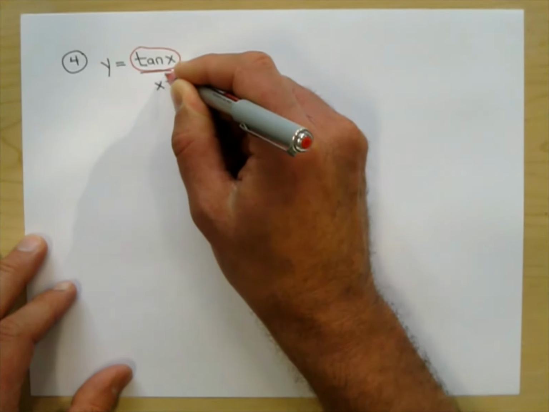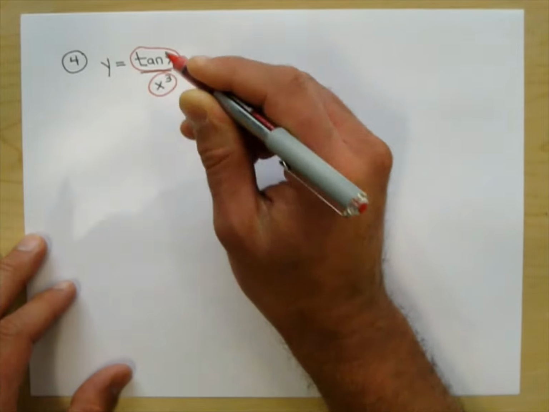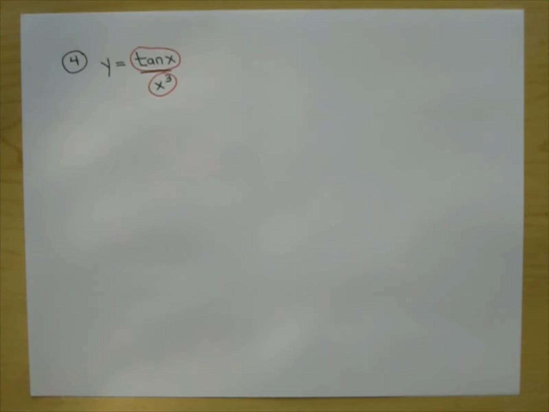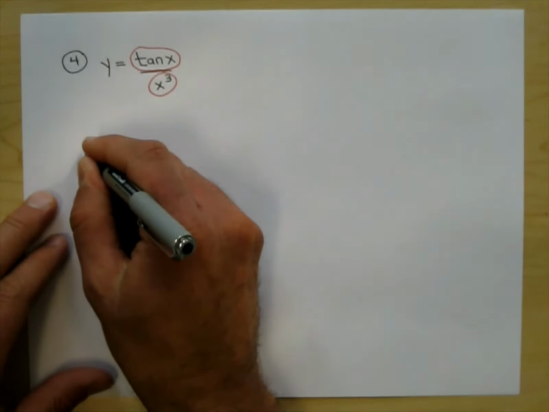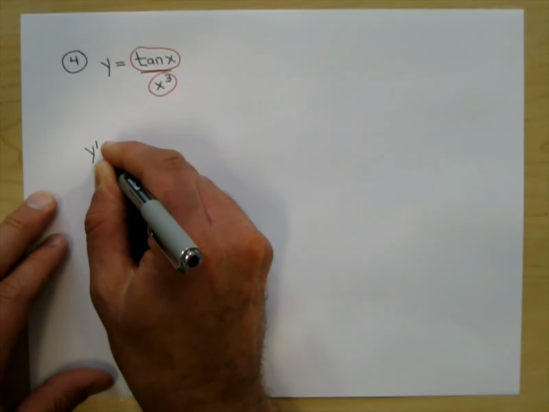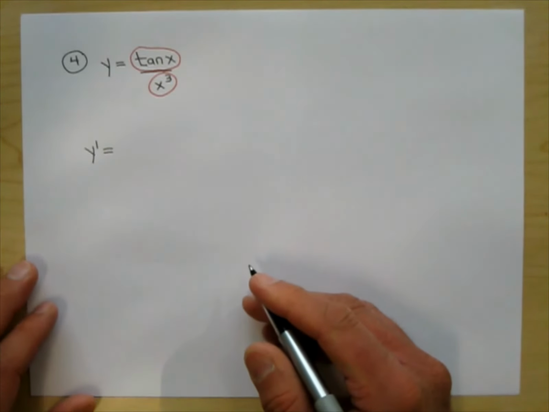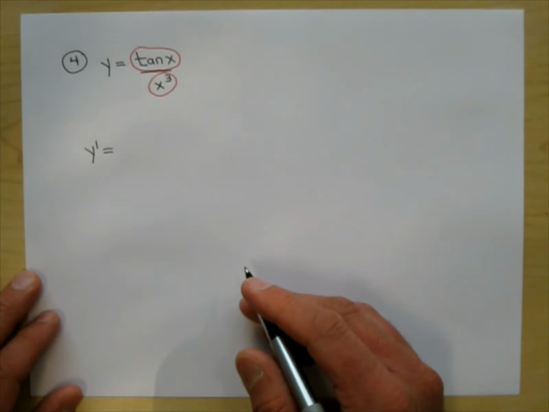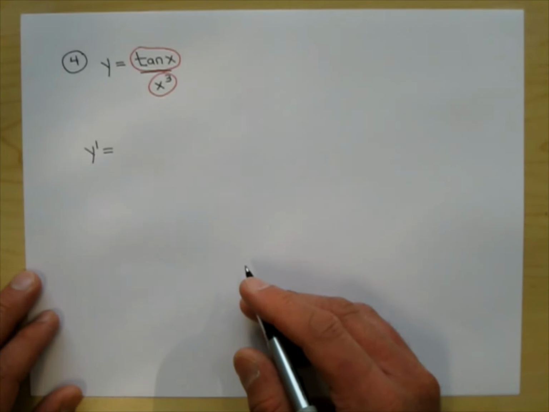Maybe you're having a hard time getting started there. That should clear things up. Okay, so here it goes. I have to take the derivative of a quotient. So I'm going to use the quotient rule.